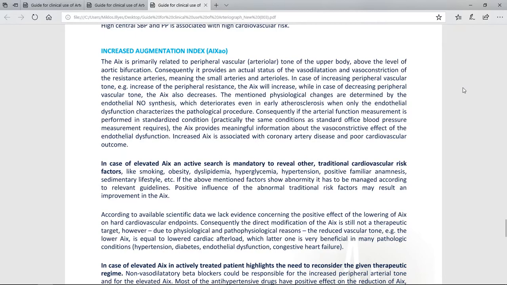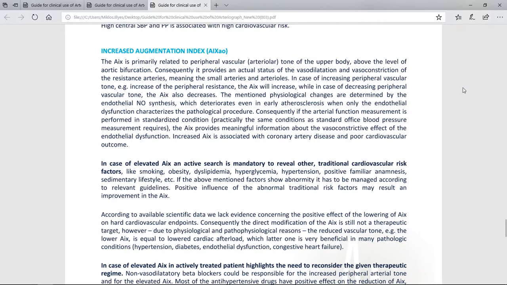What to do if we observe an elevated augmentation index? We have to search for other, probably traditional, cardiovascular risk factors such as smoking habit, obesity, dyslipidemia, increased serum glucose, hypertension, even masked hypertension or unproven and undiscovered hypertension, positive family anamnesis, sedentary lifestyle, and so on.